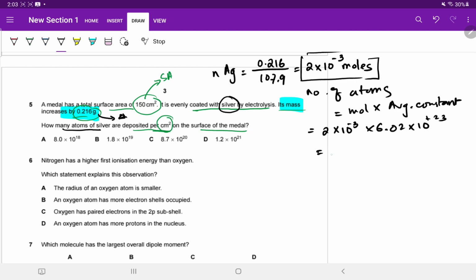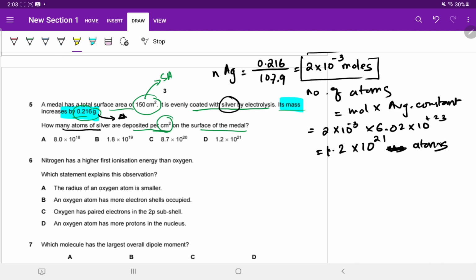Okay, so this will give us 1.2 times 10 to the power 21 atoms.